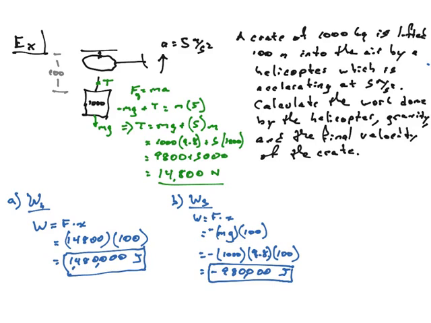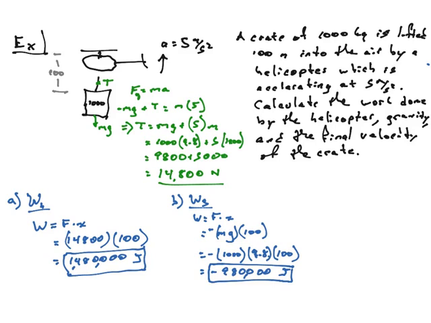Well, the crate fell 100 meters, and gravity's pulling down, then they're in the same direction, so it would have been positive. So remember, don't think, because it's gravity, it must be negative or anything like that. It's all about the directions. Is the force in the same direction as the distance or the opposite direction?